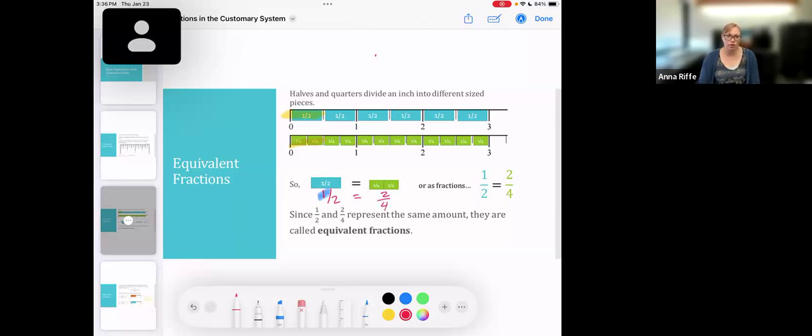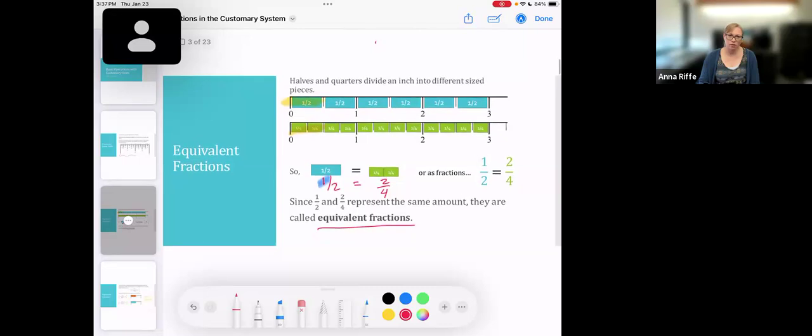So 2 different fractions, but they represent the same quantity. When 2 different fractions represent the same amount or the same quantity, we call them equivalent fractions. That's the mathematical name we give to those. So fractions with the same value, but different names.